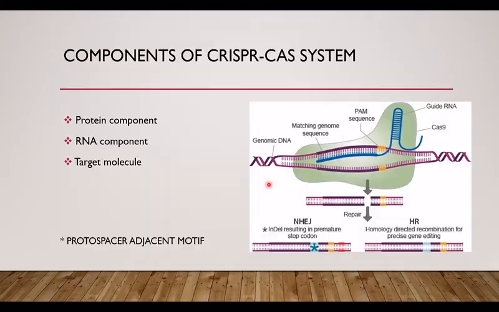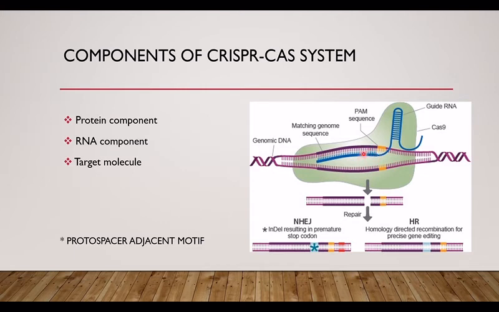Okay, the CRISPR system, what all does it require? The protein component is the Cas protein, and the RNA component is the guide RNA. The target molecule is the matching genome sequence to which the guide RNA binds. Not the whole of the guide RNA will bind to the target sequence.